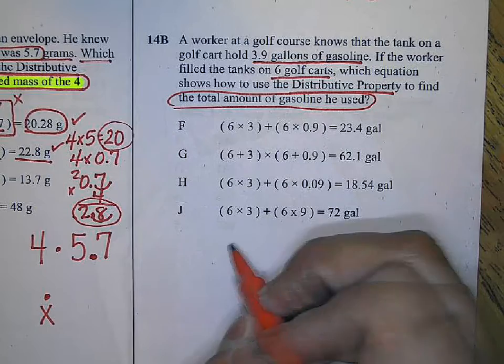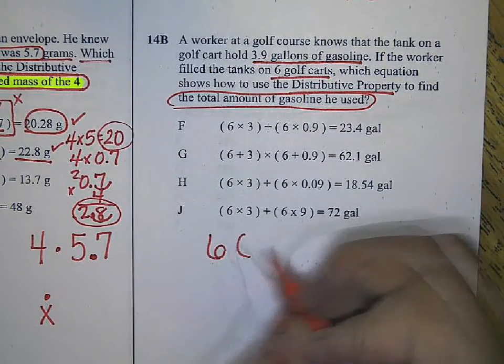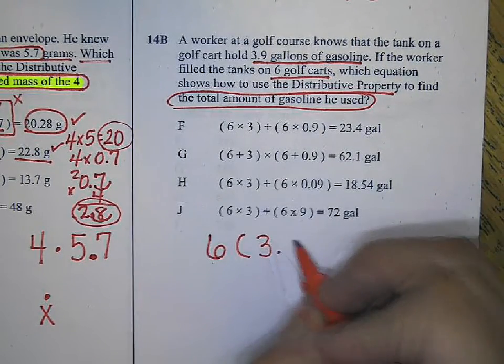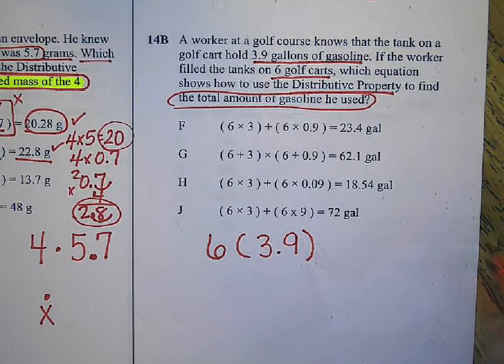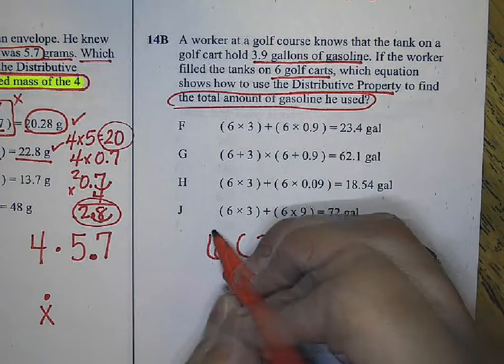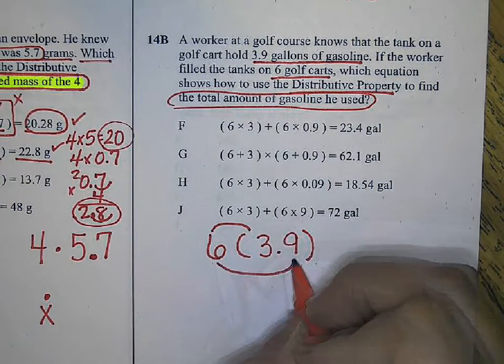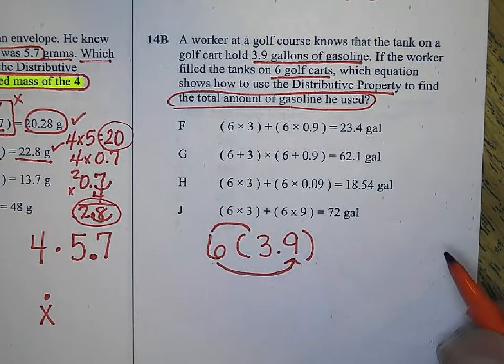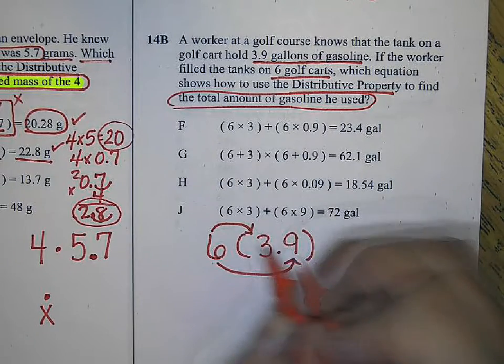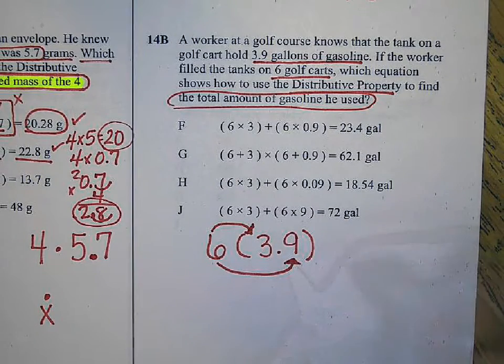So I'm going to take my 6 golf carts and I'm going to multiply it with 3.9 gallons of gas on each one, right? So again, 6 times 3, and then 6 times 0.9. Everybody still seeing how we do this?